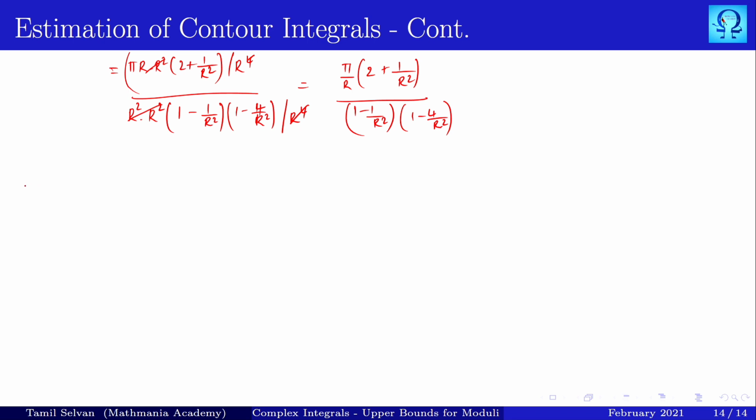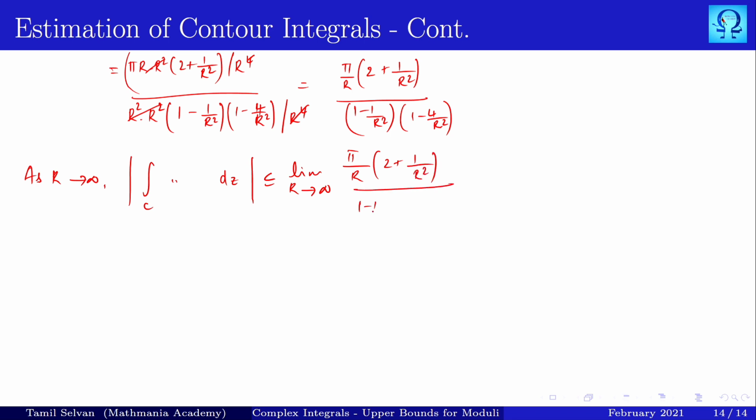That is, as r approaches infinity, the absolute of the integral over C of whatsoever the function is, is smaller than or equals the limit as r approaches infinity of pi upon r times 2 plus 1 upon r squared divided by 1 minus 1 upon r squared and 1 minus 4 upon r squared.